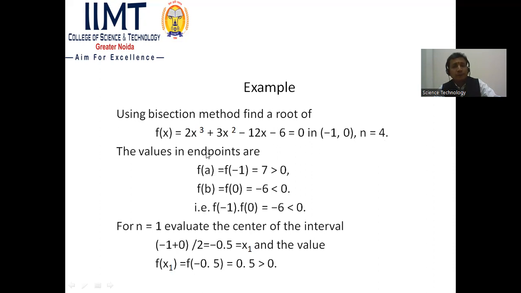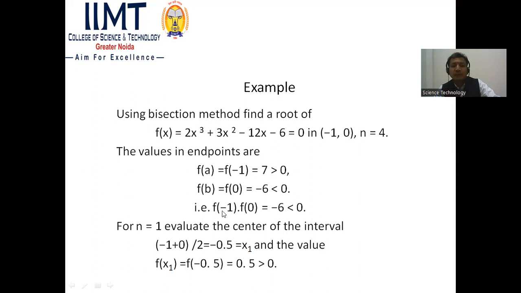To solve this, we calculated the functional value at the points minus 1 and 0, that is the end points of the interval, which are 7, which is positive, and minus 6, which is negative.